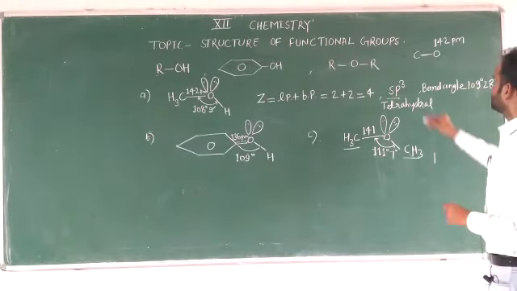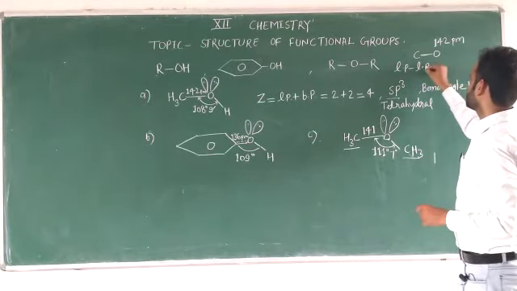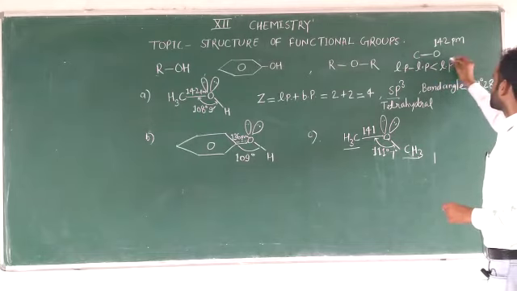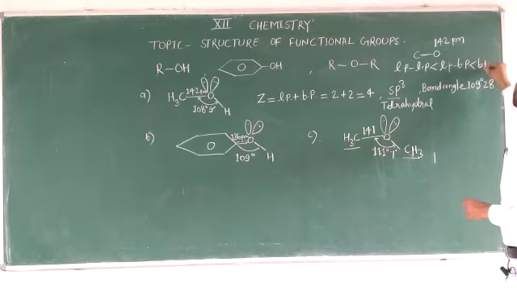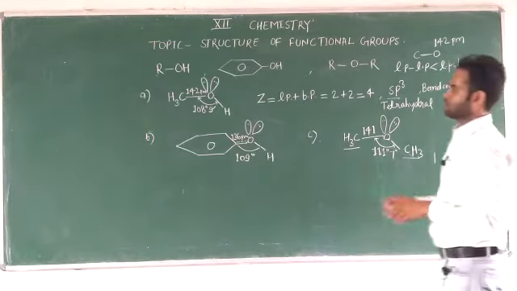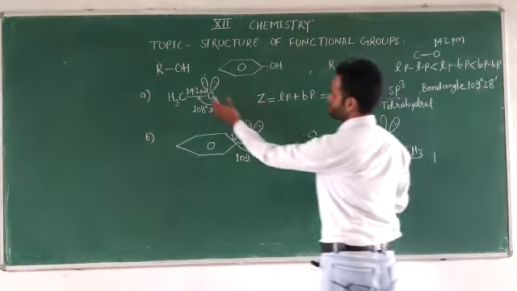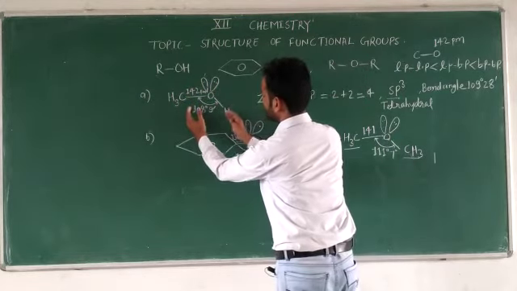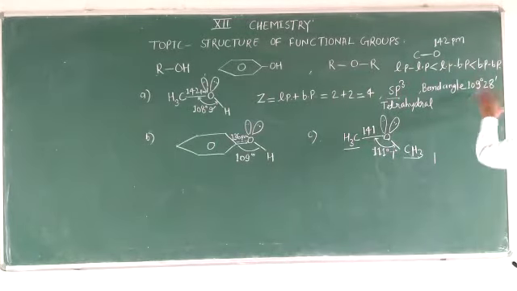We must note that the repulsion between lone pairs is maximum, more than lone pair-bond pair, and it is minimum in bond pair-bond pair. So in the case of alcohol, the repulsion between lone pairs is maximum. That is why the bond angle will be slightly less than the usual.